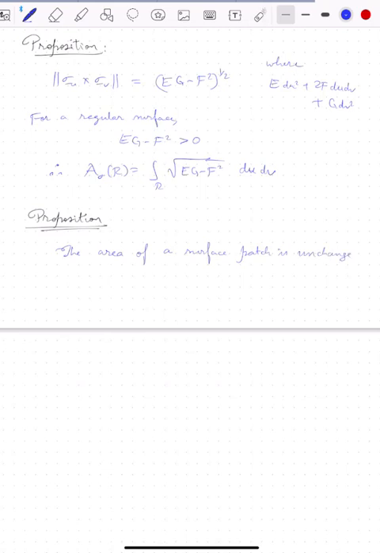Of course, this can be proved, but we are not going to prove it here. Parameterization, right?